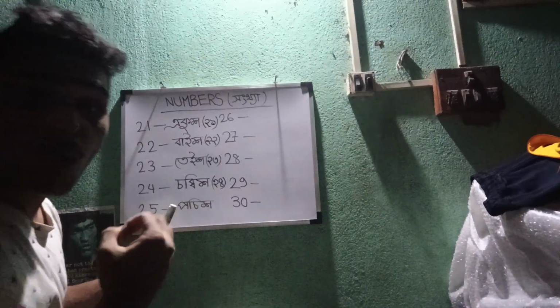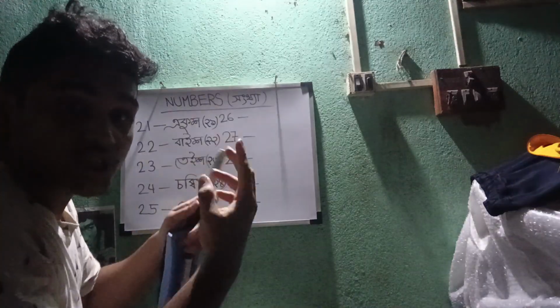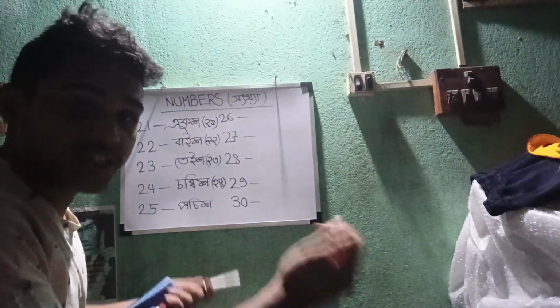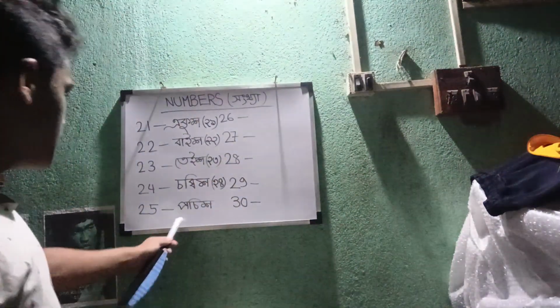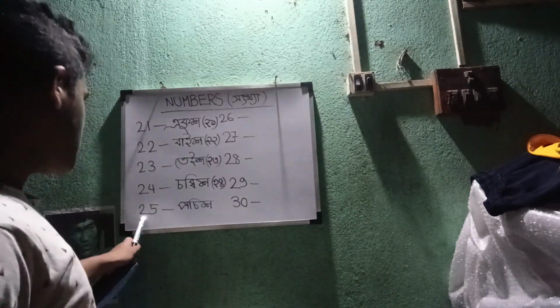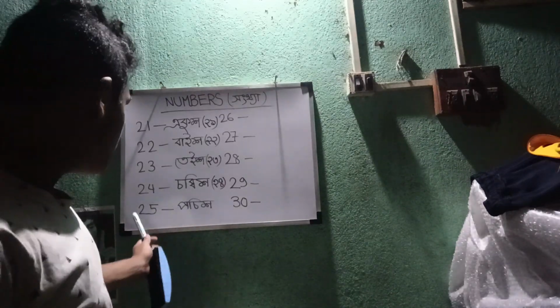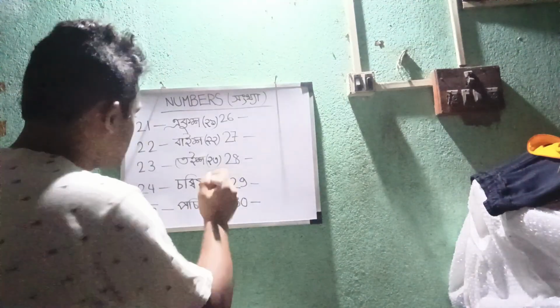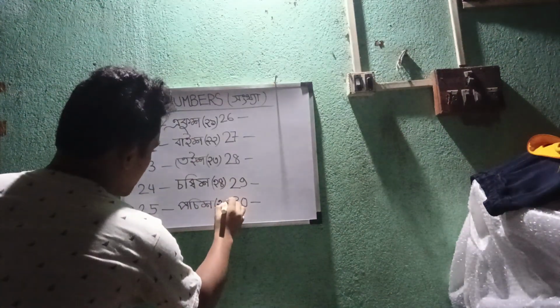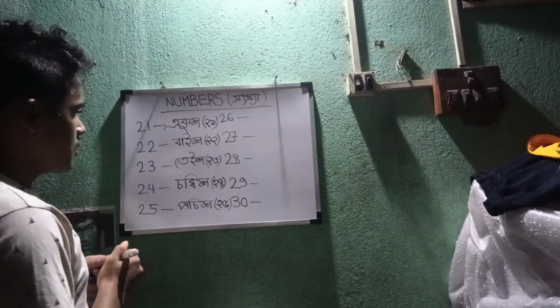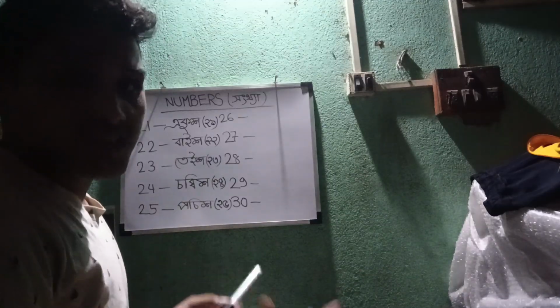First here this is po, then cho, then hoshi chi, then talbosho, pochish. So how can we write pochish? First we have to write 2 and then 5. So this is 25.